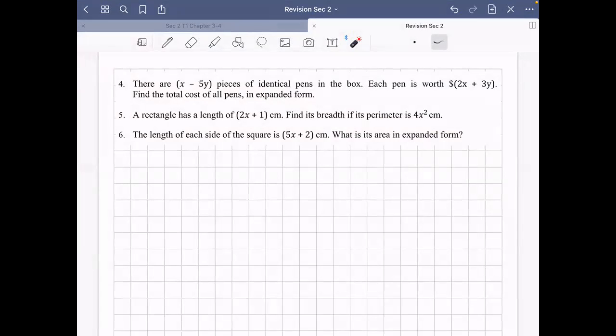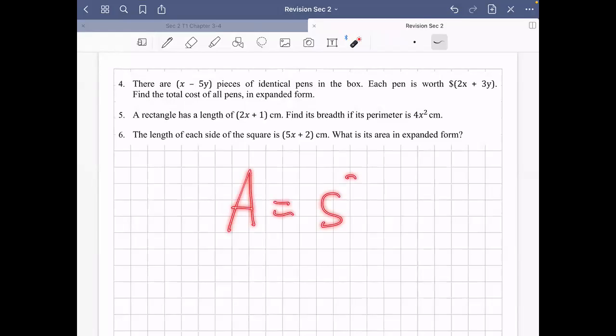Wait, number 6 is not? No, it's not. Because what's the formula for getting the area of a square? I forgot how to get the area. What's the formula for getting the area of a square? Area is equal to what?